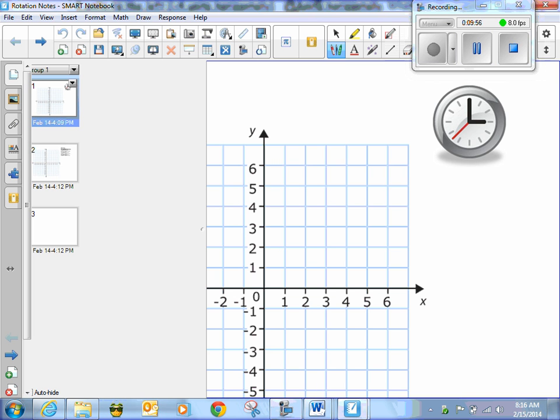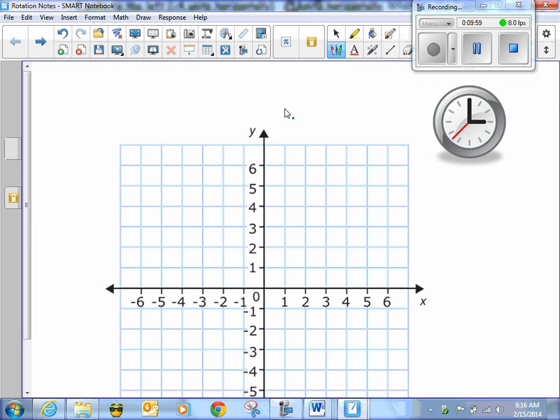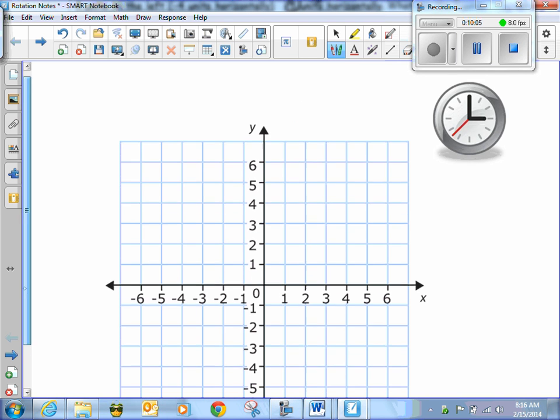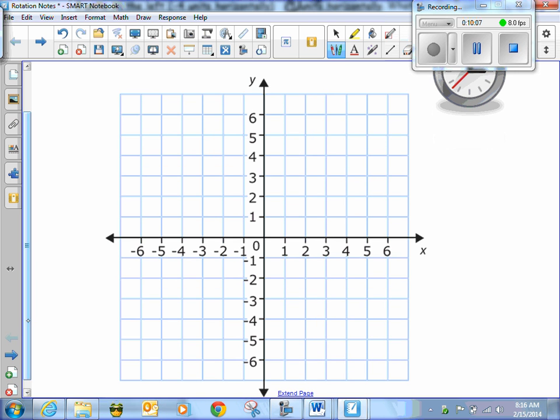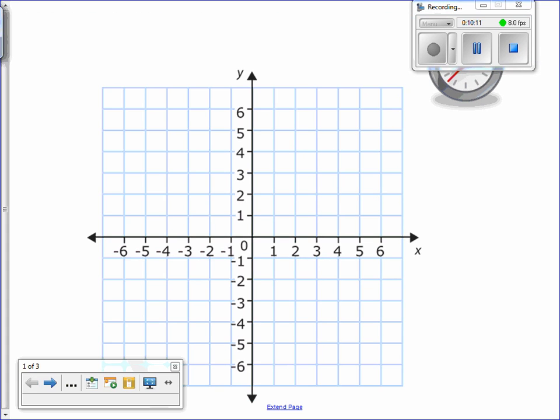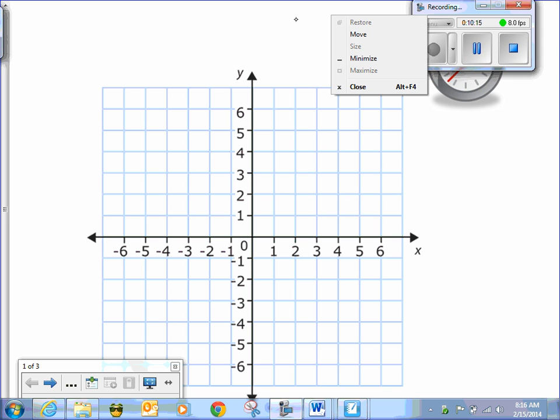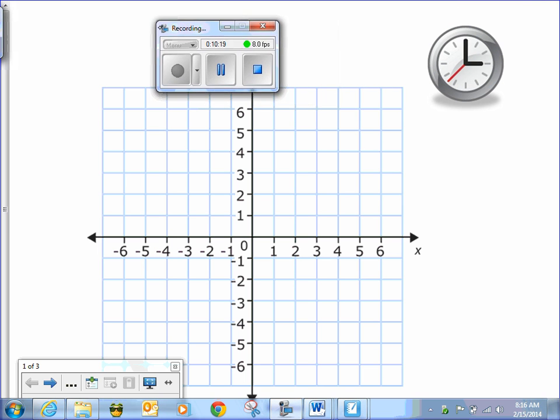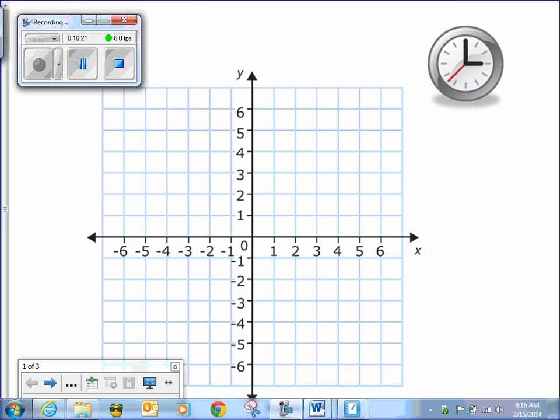Now, before we can go on to rotation, we need to talk about some things dealing with some grammar, okay? So I have a clock here on the screen, and I have the clock there for a reason, because we need to think about the coordinate plane, and when we talk about the coordinate plane, we need to talk about what clockwise is and some degrees of measurement, so on and so forth, okay?